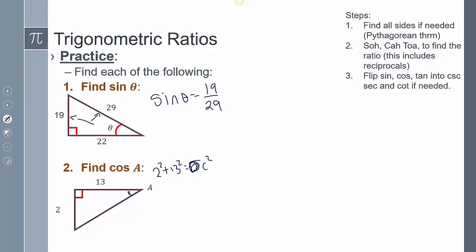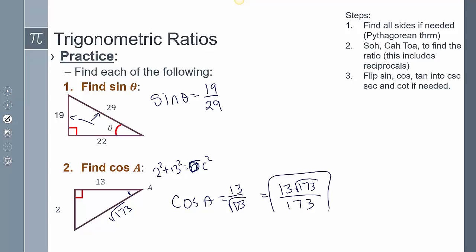And so c is actually going to be the square root of 173 if I do that. And so finding the cosine of a, that's going to be adjacent over hypotenuse, 13 over root 173. And so rationalizing it, you're going to get 13 root 173 all over 173. And so that's going to be my answer.